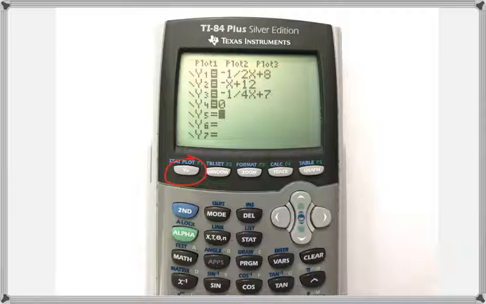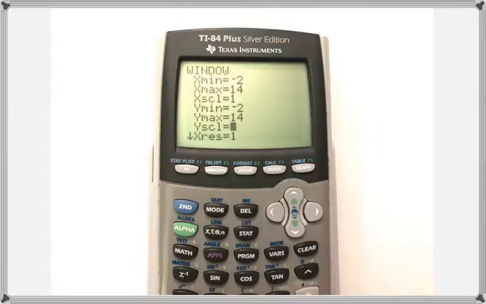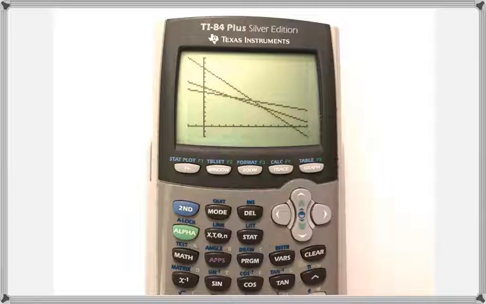I know that my highest y-intercept is 12. So if we go to the window, I'm going to change my y-max and my x-max to be a little bit bigger than 12. So let's try 14. Again, it's not an exact science. And this is what our graph looks like.